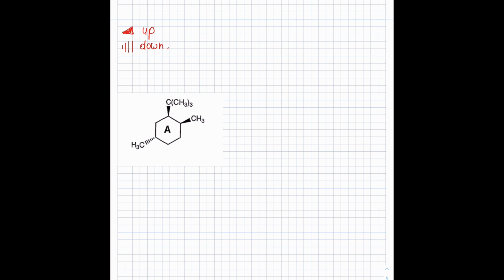So the different conformations that we have for cyclohexanes are the chair conformation, we have the twisted conformation, we have the boat conformation, and then we have the half chair.